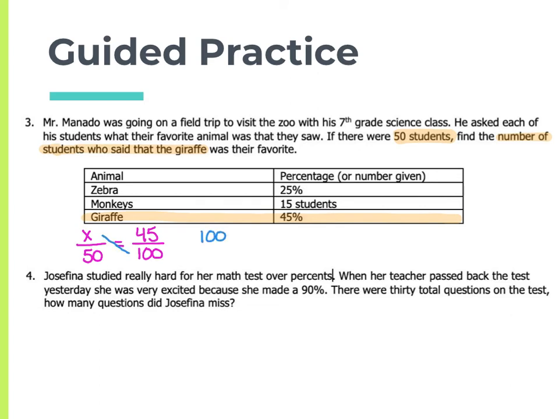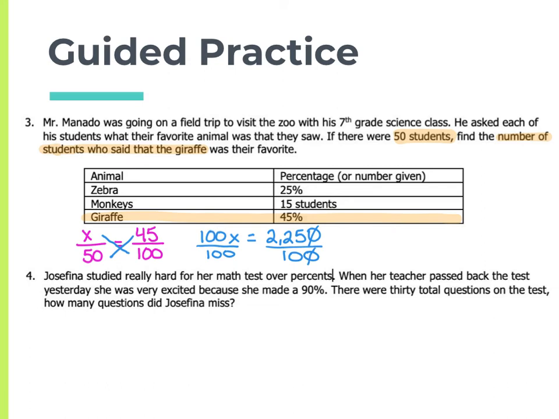We have 100x, and that equals 50 times 45. 50 times 45 is 2,250. Next, we will divide by 100 on both sides to get x by itself. I can cross out a 0 in my 2,250 and a 0 in my 100.